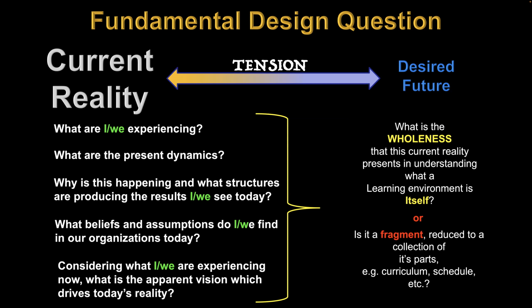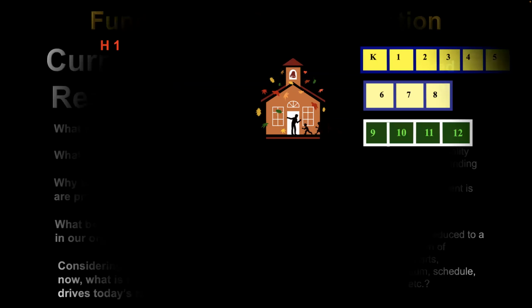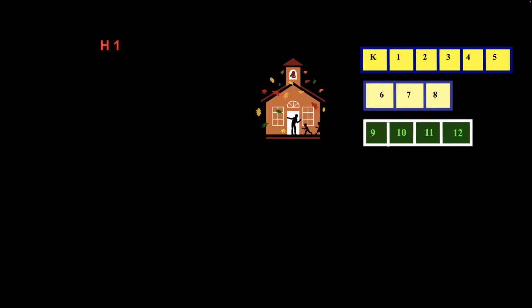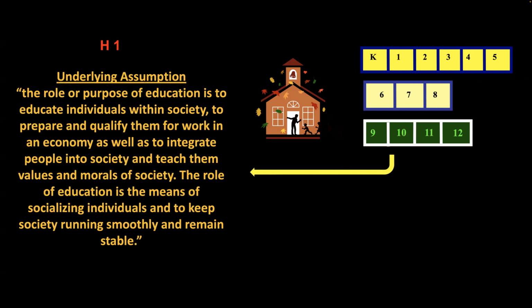So that's why I have you looking at the horizon processes, because when you look at Horizon 1 and you look at the present structure, and I'm just going to focus on K-12, but I also could put the first 4 years of college or university in this, what becomes important is that there's an underlying assumption in most communities about their schools: that it is really to educate individuals within society, to prepare and qualify them for work in an economy.